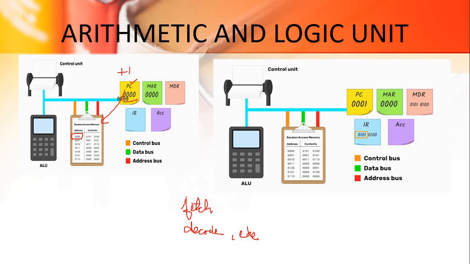Also this program counter can sometimes be incremented by 2 or incremented by 3. If I want to increment my program counter to 3, I can simply write program counter equal to 3. This instruction is wrong. The program counter will not accept it if I write program counter equal to 3.